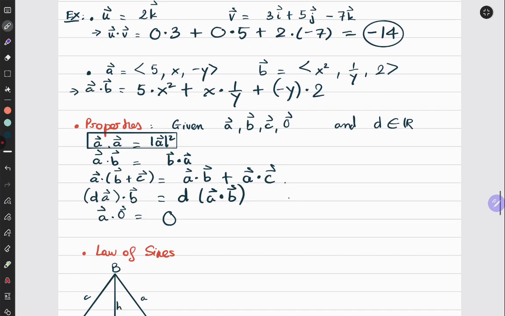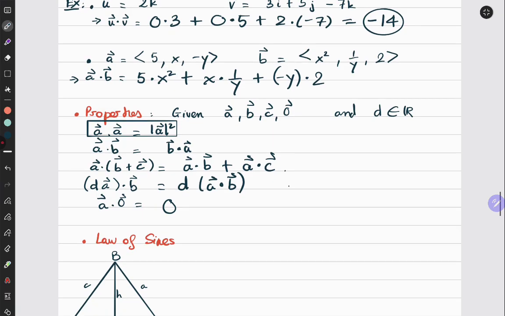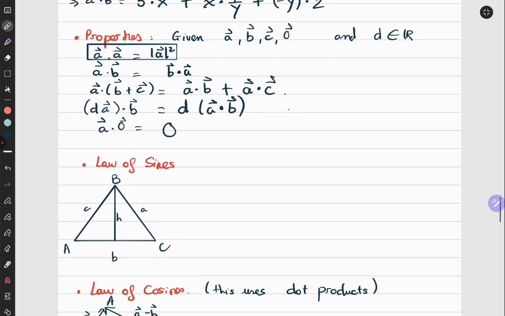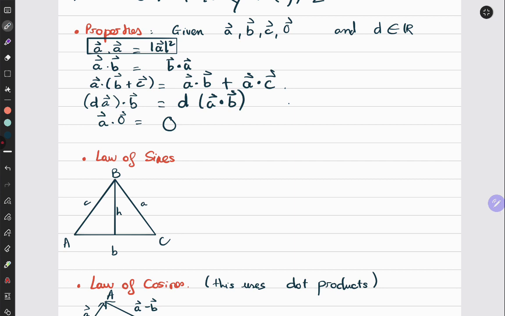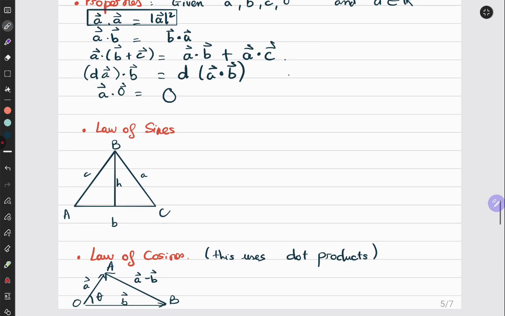A few laws that you can apply. There are two laws, the law of sine and the law of cosine, to help you find the angle inside the triangle. One by one. A triangle with an edge, that edge, the height. I'm going to put the 90-degree angle here so you can see it. The height of that is going to be C times sine of A. A is the angle.